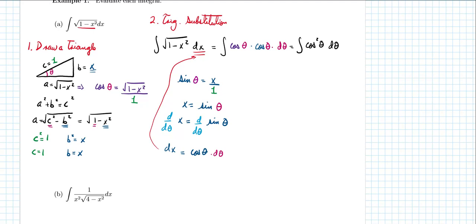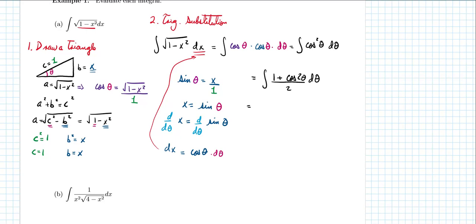Okay, well, look at that. We're left with the integral of a cosine squared. Now, you might recall the techniques discussed in the previous section involving trigonometric integrals, so we know that we can go ahead and perform the power reduction formulas in order to rewrite this integral as the integral of (1 plus the cosine of 2 theta) divided by 2 d theta.